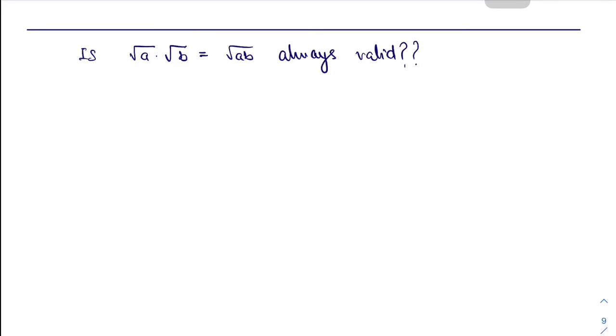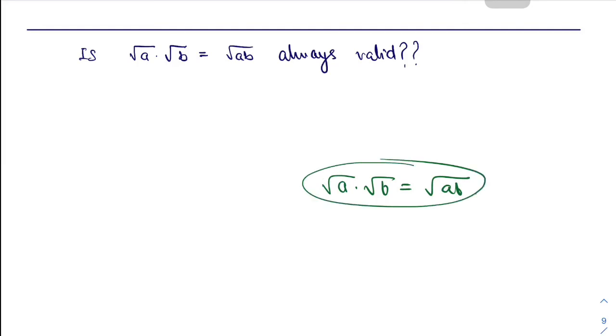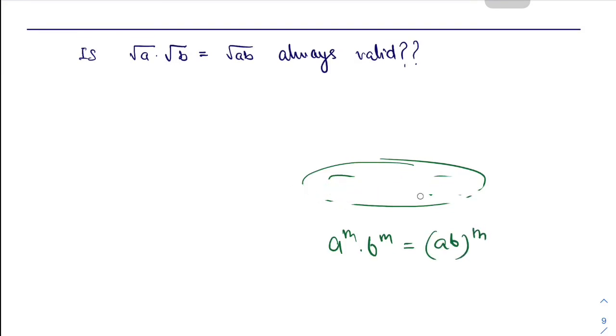Very last, we will see a very important result. Root of a into root of b is equal to root of a into b. This law of exponent I can say like a to the power m into b to the power m is equal to a into b to the power m. This law of exponent is there in 8th class also.